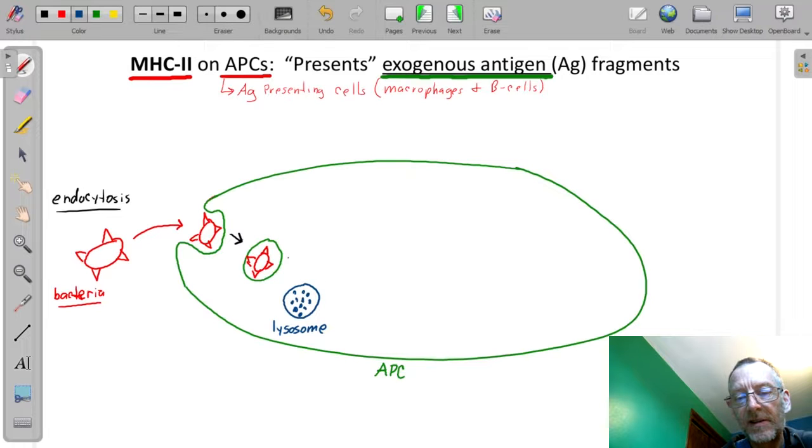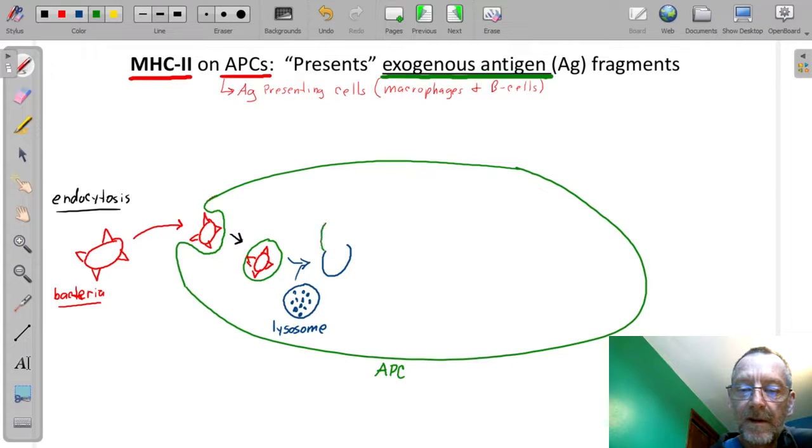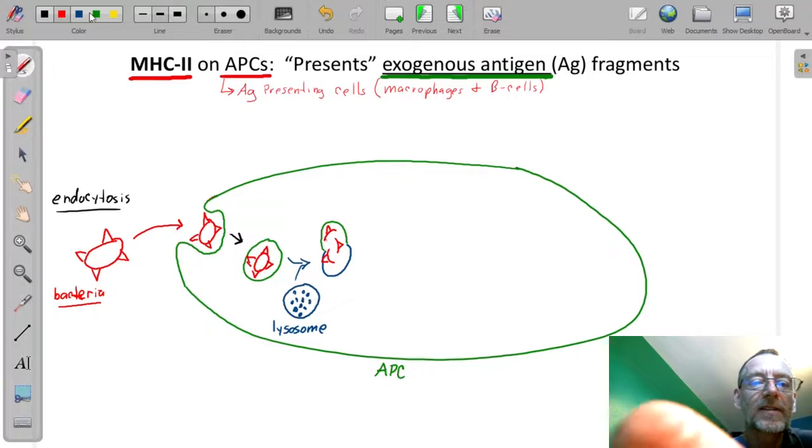And these two merge, and we have two membranes together. We have a phagolysosome, if you will, and the bacteria gets broken down. And so here are little pieces of the cell wall, fragments. And then we have some digestive enzymes.